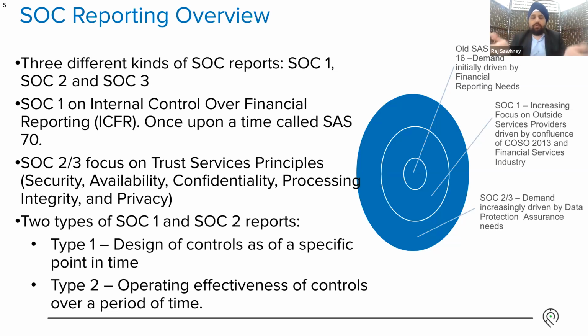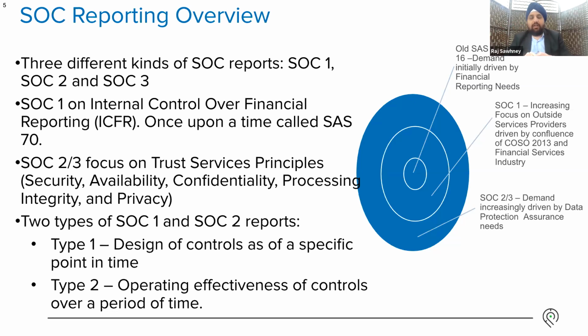So why do people do a SOC 3? Well, because a SOC 3 is not an attestation report, it's basically done to show that, look, I have designed controls for information security, data privacy, and process integrity, so that I can then get a seal, or basically a certification, to put on your website, and that gives confidence to your customers and vendors that you're meeting these requirements.